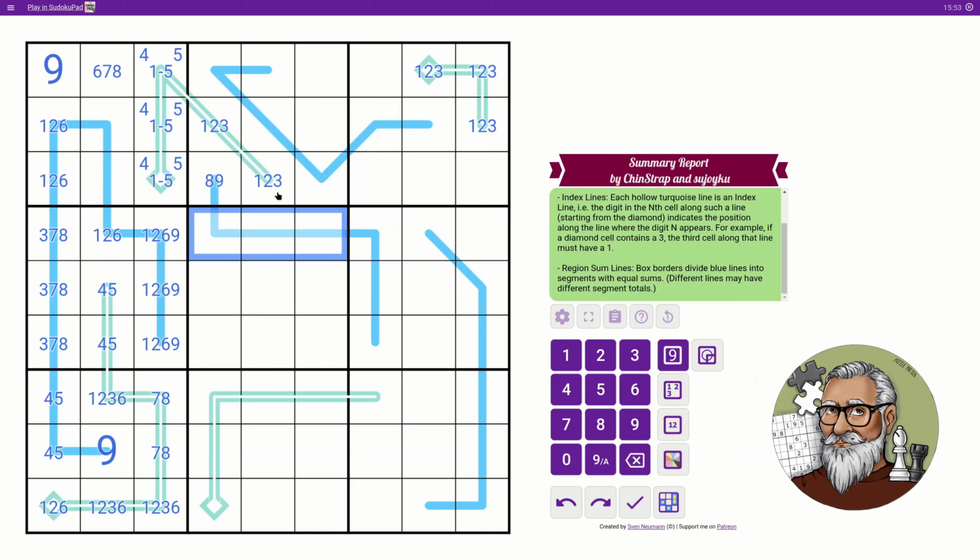Okay. What about this one? Well, I was going to say the minimum is 1, 2, 3, 4, but that's obviously not correct. Actually, we can only use 2 from 1, 2, 3, 4 here. Right. So what is the minimum? Well, 1, 2, 4, 5, so 12.